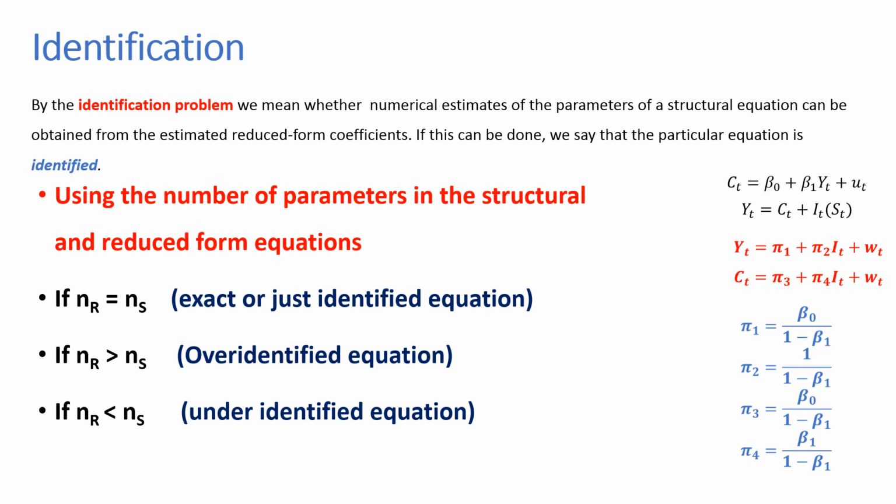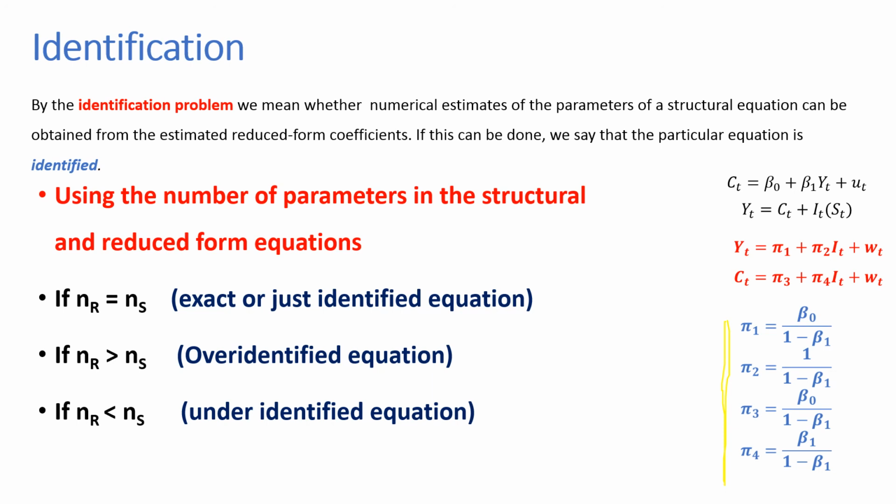If the equation is identified, in this case we can do the last step, which is deriving the structural parameters from the reduced parameters. But if the equation is unidentified, we will not be able to find the estimated values of the structural parameters from the reduced parameters.